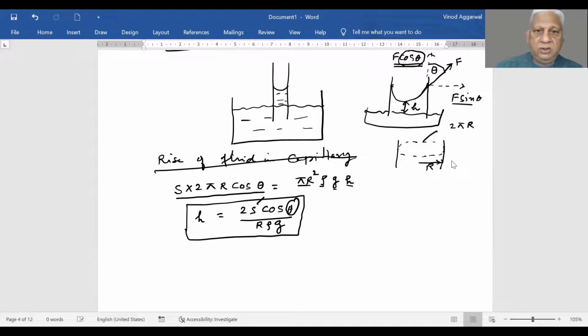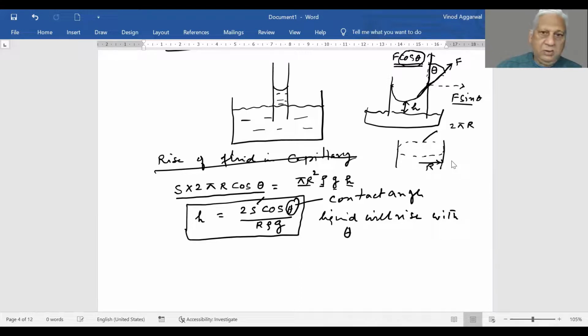This theta is called the contact angle. This theta, which the tangent of the meniscus makes with the wall of the capillary. Now, liquid will rise with theta less than 90.